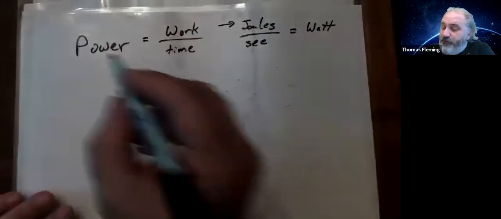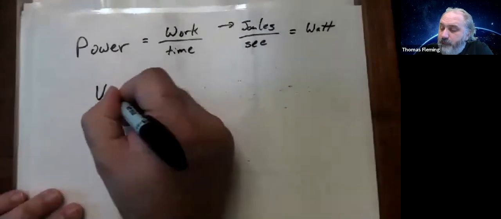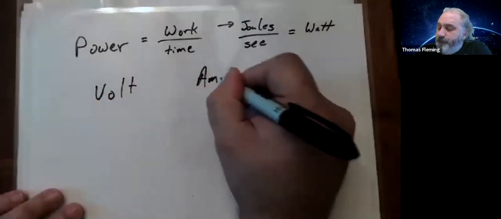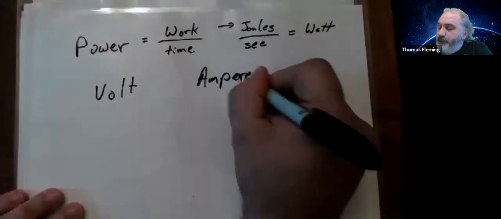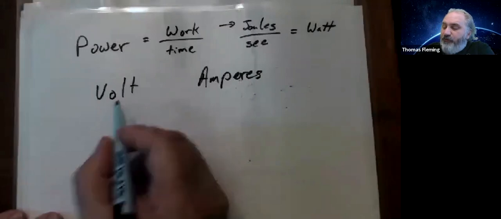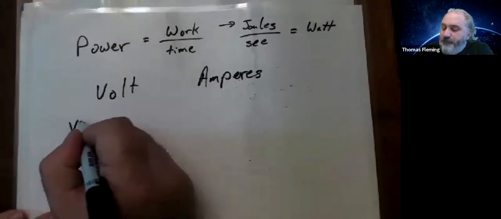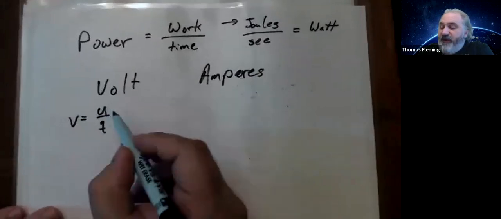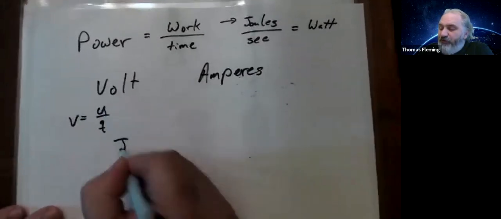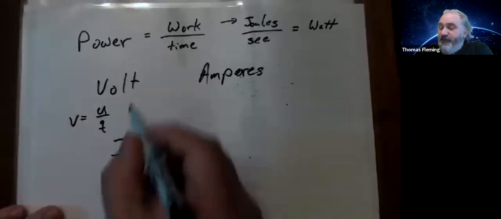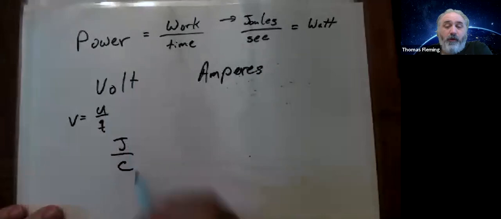Now, a volt was defined, remember, from the definition of potential as U over Q. So this had units of joules per coulomb. That's what a volt is. It's a joule per coulomb.